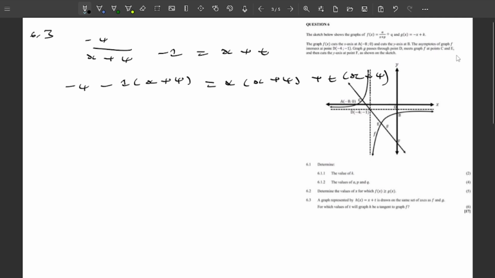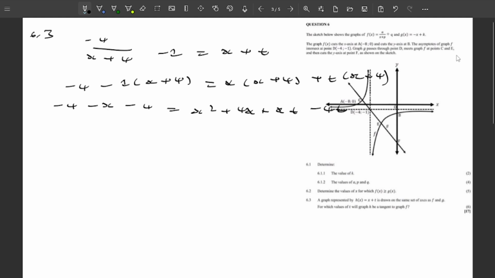So from there on, you're going to simplify it, and you're going to get minus 4 minus x minus 4, which is equal to x² + 4x + xt + 4t, right? Hope it's visible. Let me check to confirm, yeah, plus tx plus 4t.